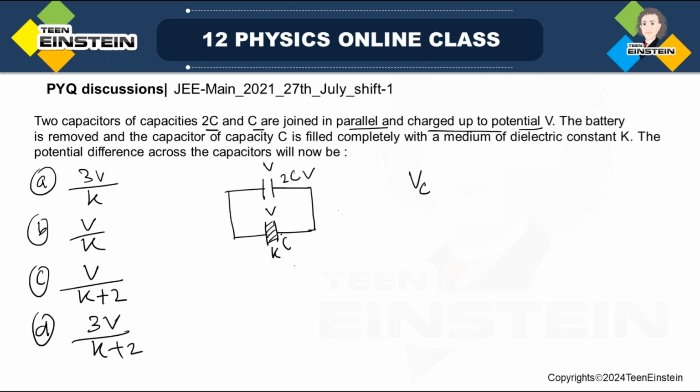When they are charged, before inserting this dielectric material into capacitance C, what was the total charge? Total charge was 2CV plus C into V, that means 3CV. This much charge was there when it is fully charged.